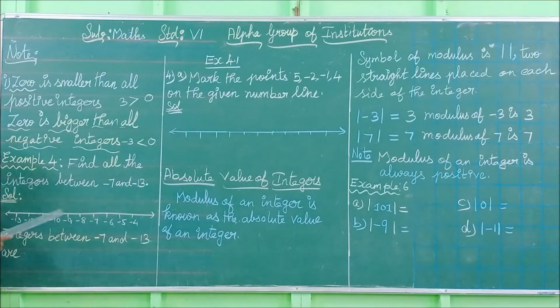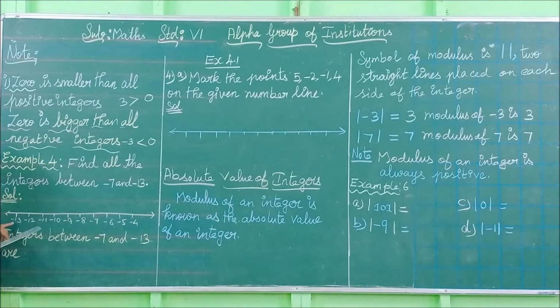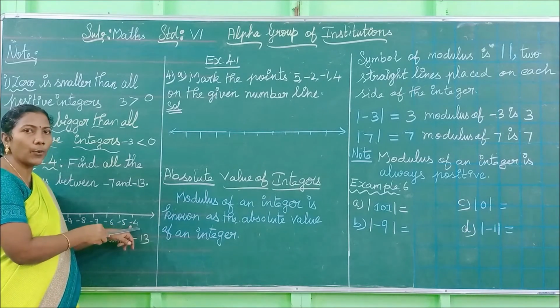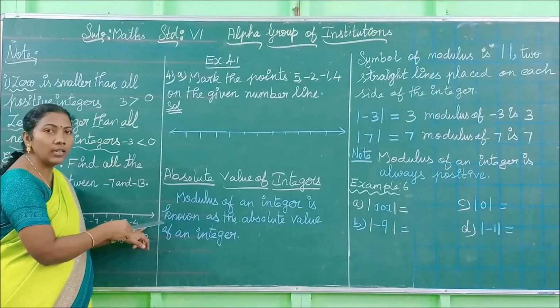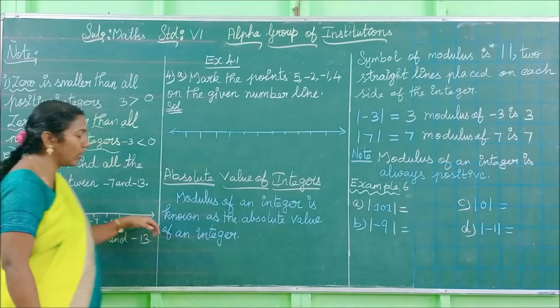See here, children. Here in the number line, I did not note the positive numbers and 0. I just wrote down the numbers minus 13, minus 12, minus 11, minus 10, minus 9, minus 8, minus 7, minus 6, minus 5, minus 4. What is the next number after minus 4? Yes, minus 3 and then minus 2, minus 1, 0, 1, 2, 3, and so on. It goes on.